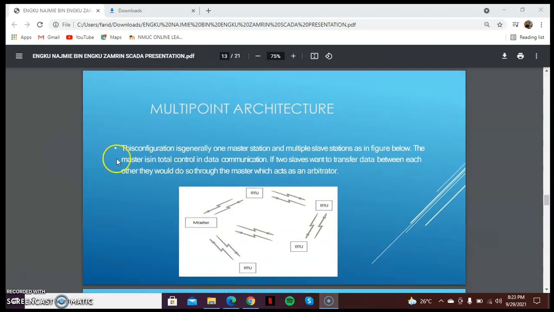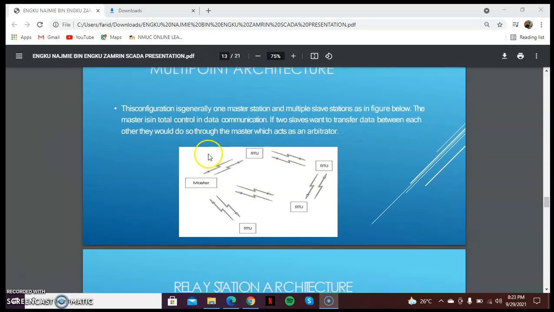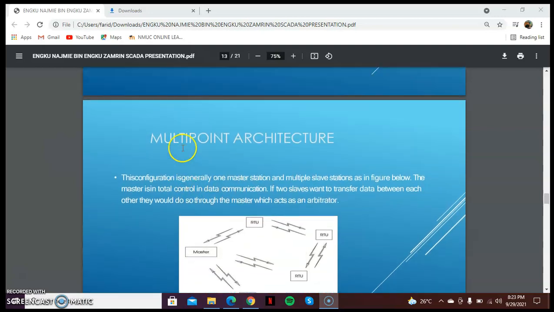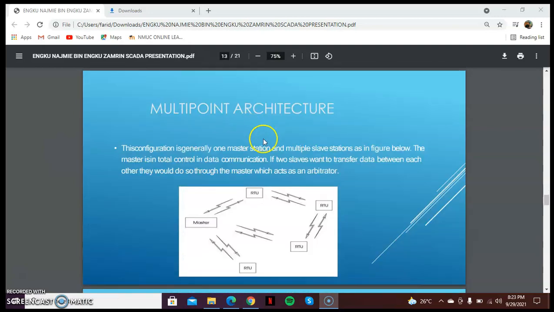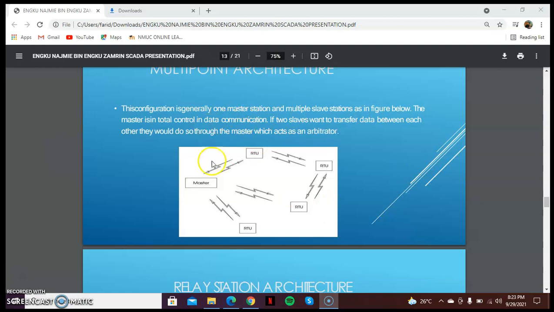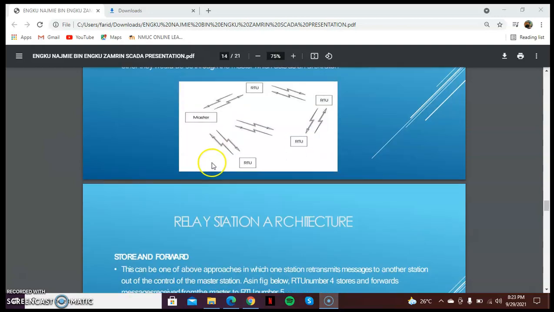This one is different from the others because it has one master which acts as an aggregator.